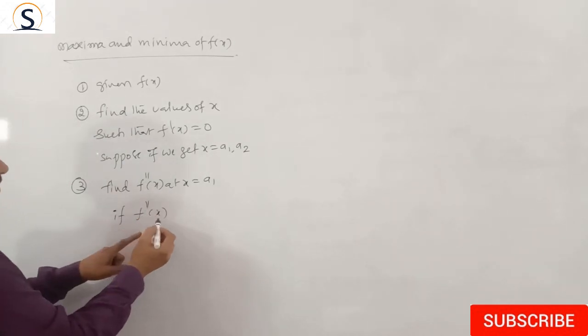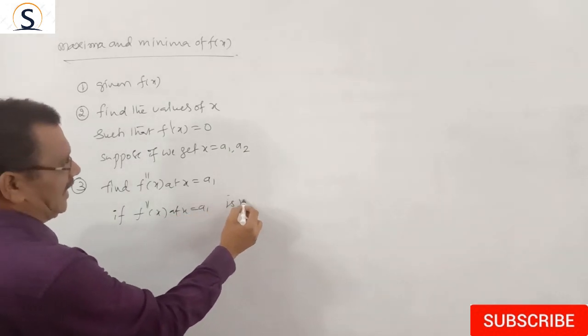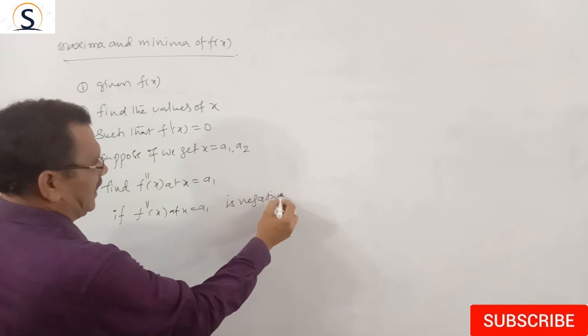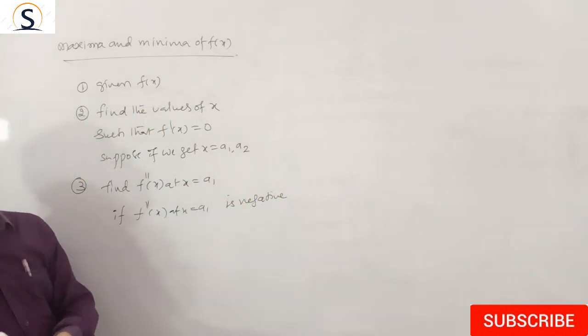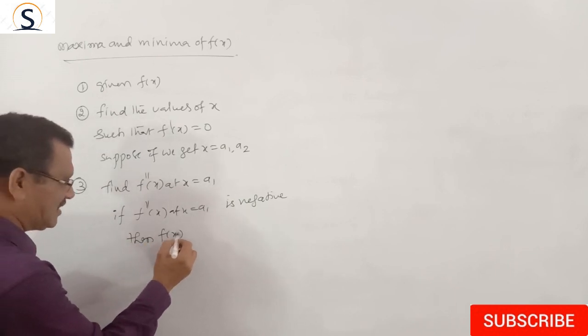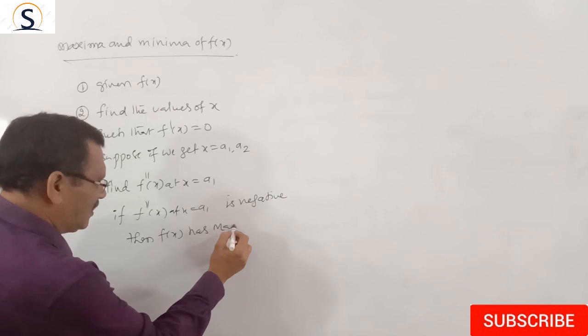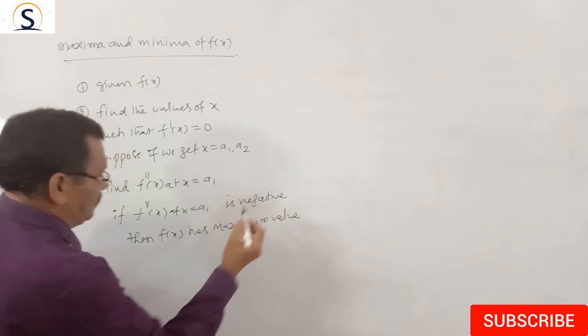If f double dash of x at x is equal to a1 is negative, then f of x has a maximum value.